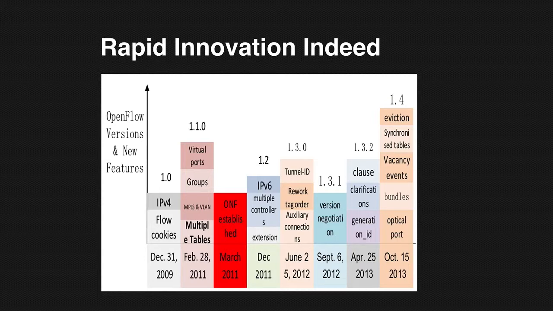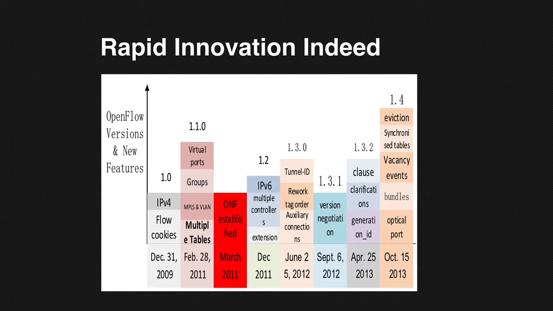In 1.3 we got a tunnel ID match field, which allowed us to match against, for example, a GRE tunnel ID and provide actions to this particular flow. And since then 1.3 is considered to be the stable OpenFlow version, which is used by all current controller software developers and vendors to develop their features.